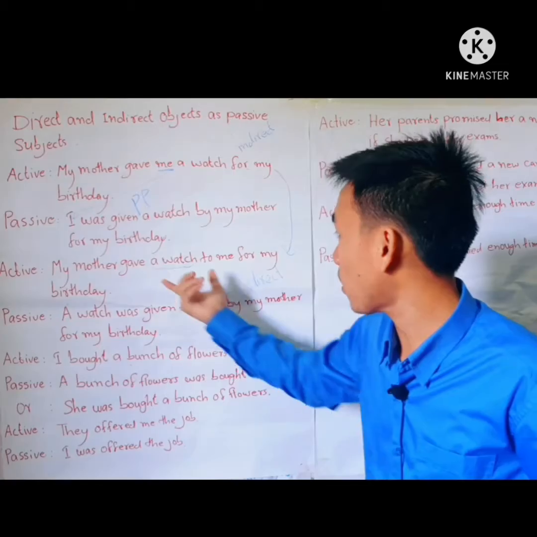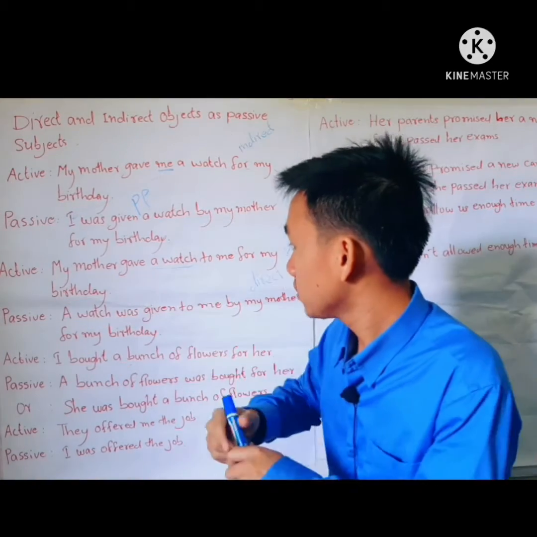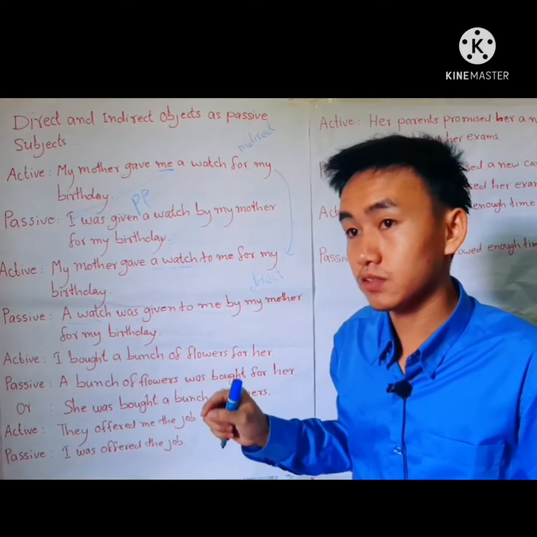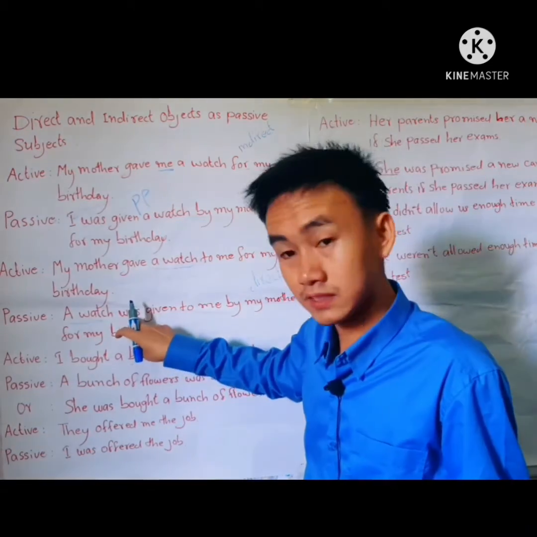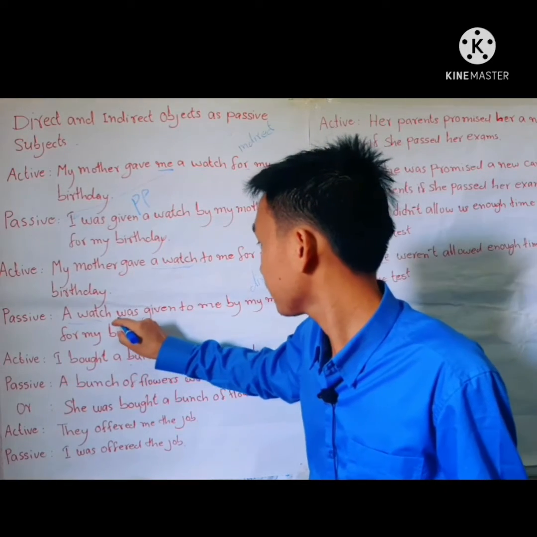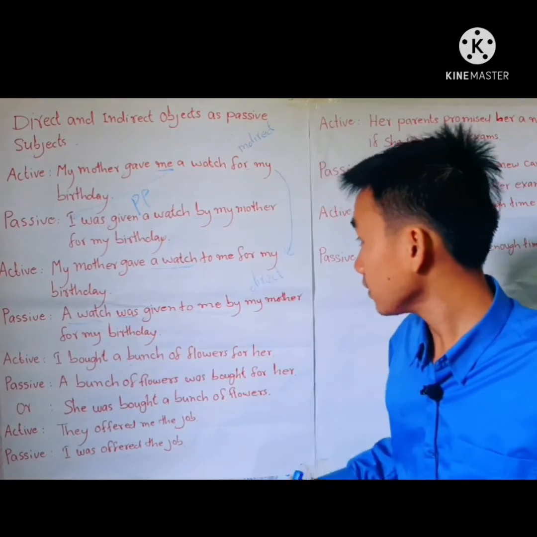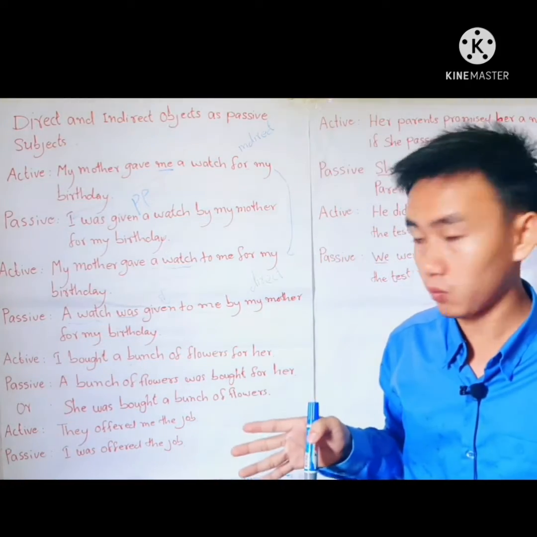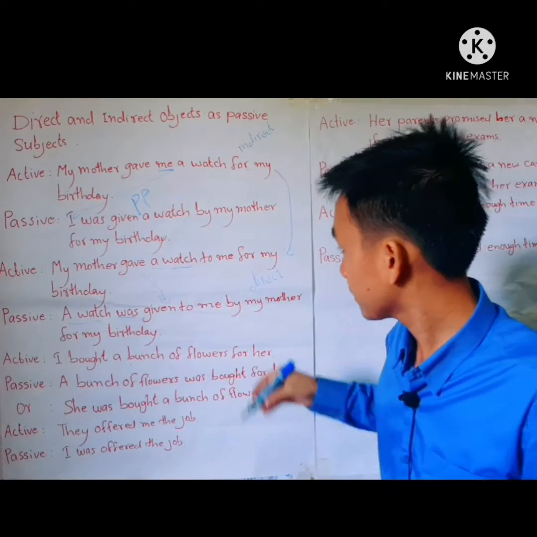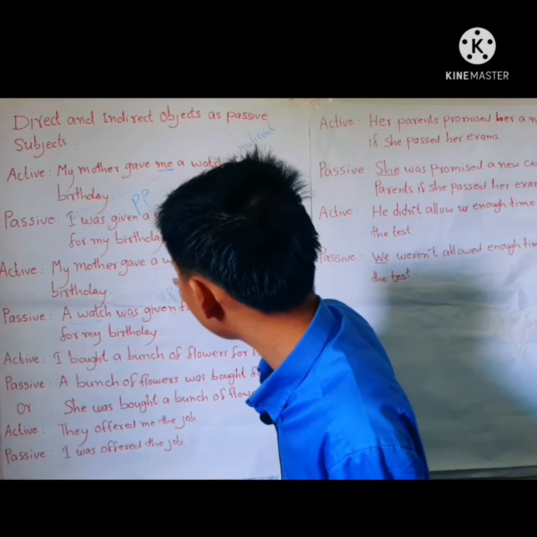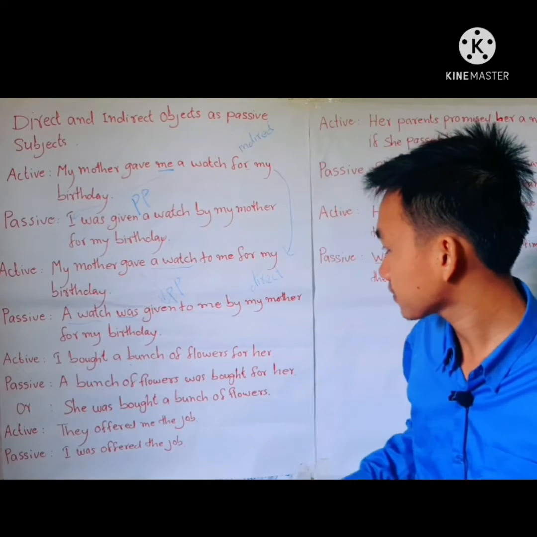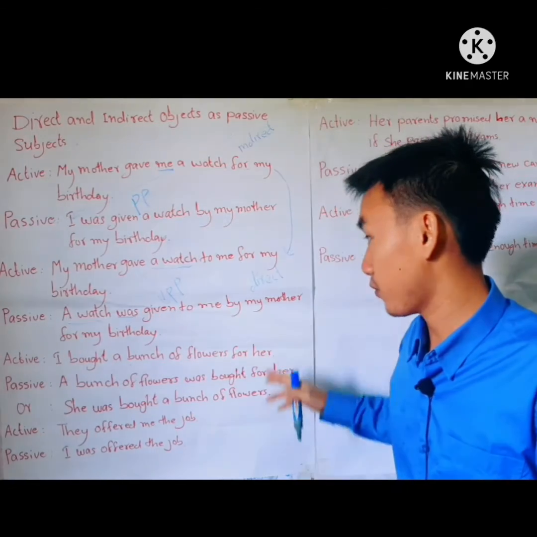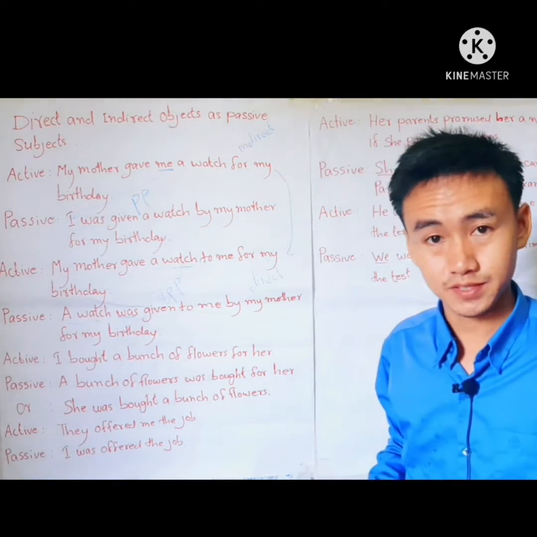So when we change, we keep the object here, a watch. And a watch means singular, so we use was when we change to the passive, alright? And give is the same, changed to the past participle or word three. Alright, PP here, right? PP. To me, by my mother, for my birthday. Alright.